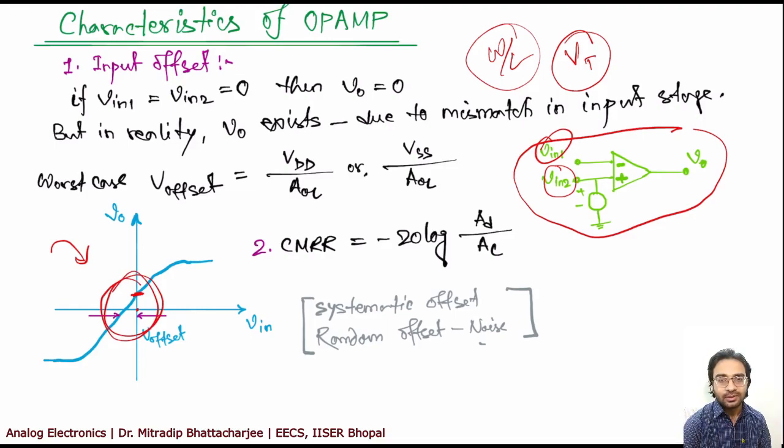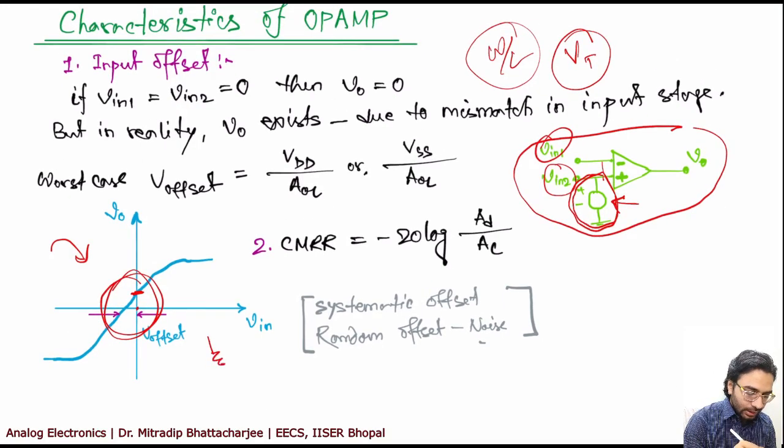So in that case, to get rid of this, what do you do? You put an external source based on the offset value, whether it is positive or negative. You choose the value of this source so that at input equal to 0, your output is 0. Now in practice, do you put a source directly? Definitely not. What you do is you put a resistive circuit like a voltage divider and connect these 2 points.